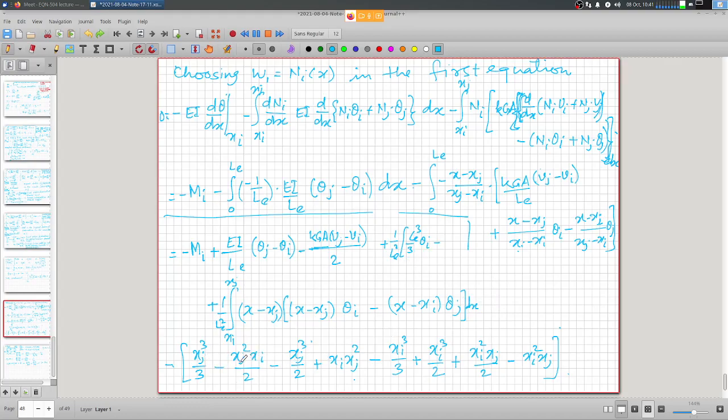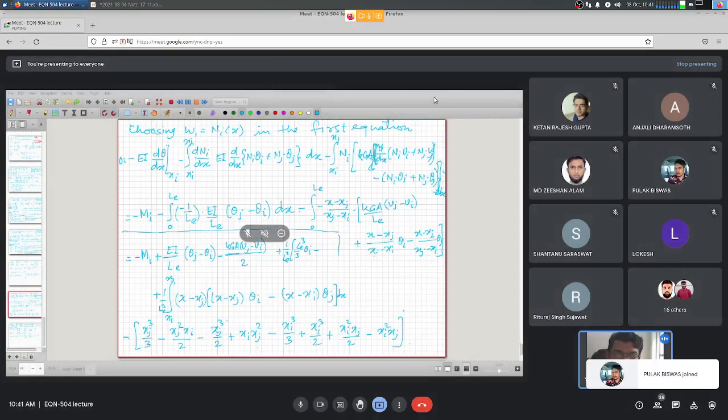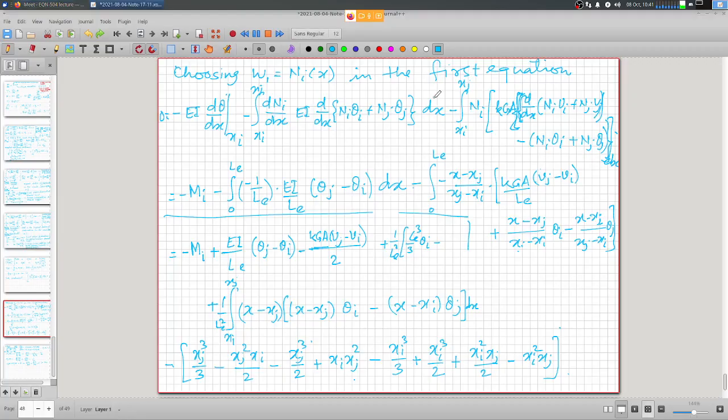L cube by 6. Pardon? This will be L cube by 6. L cube by 6, which one? So this expression. Oh, total expression you mean? Okay, fine. So you evaluate it and it works out to L cube by 6. So this total expression is L cube by 6 and there is negative sign here.